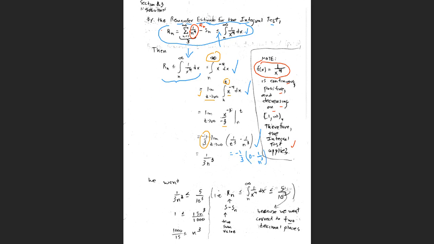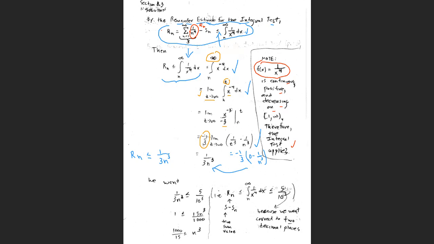And that's going to give us 1 over 3n cubed. So this means then that the remainder is less than or equal to 1 over 3n cubed.